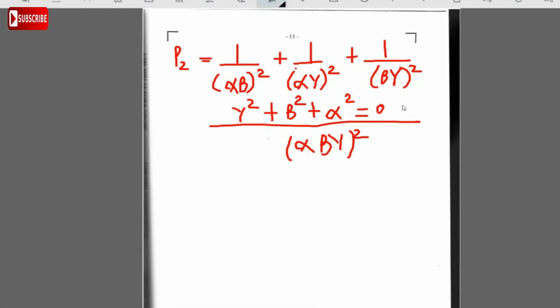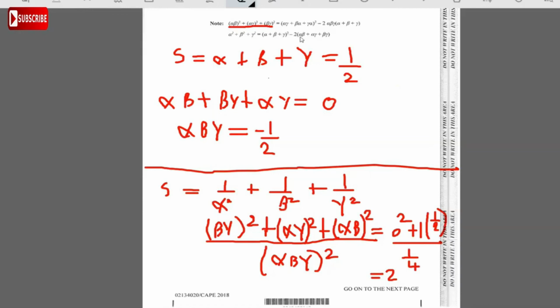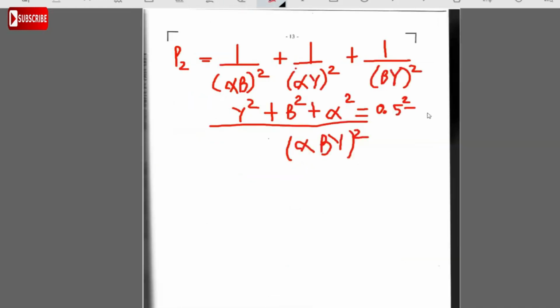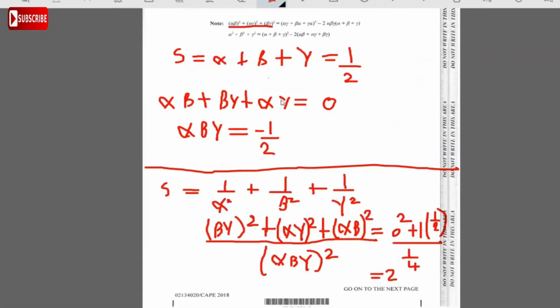So it's a half square minus 2 times alpha beta plus beta gamma plus gamma alpha, which is minus 2 times 0, over alpha beta gamma all square.